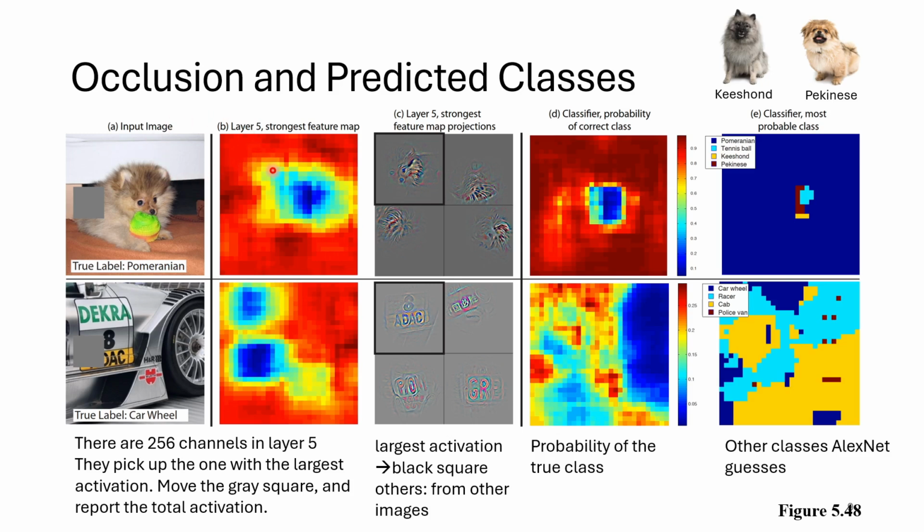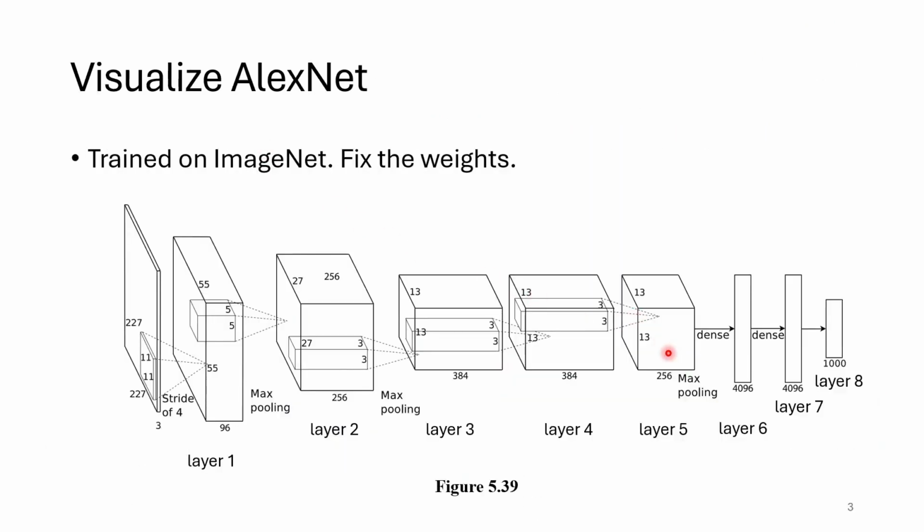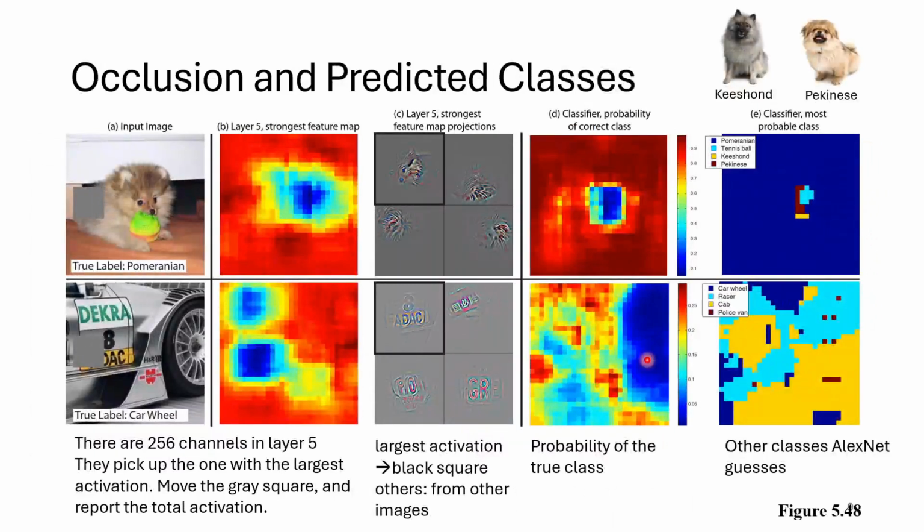So what is the meaning of the second column? Let's take layer 5. In AlexNet, there are 256 channels in layer 5, and among these channels, they pick the one with the largest activation value with respect to this input image.